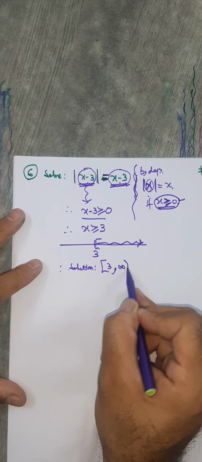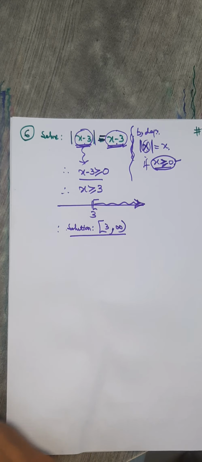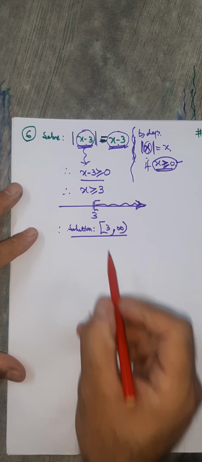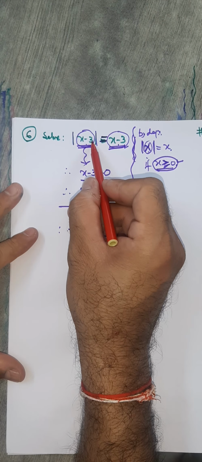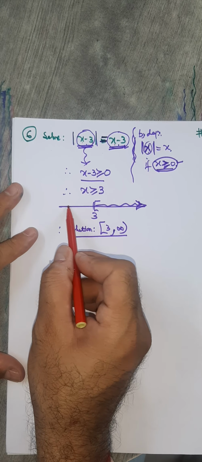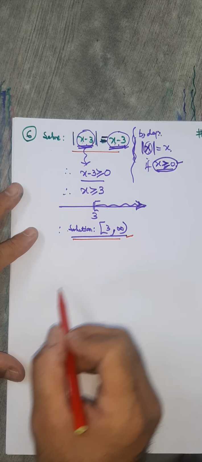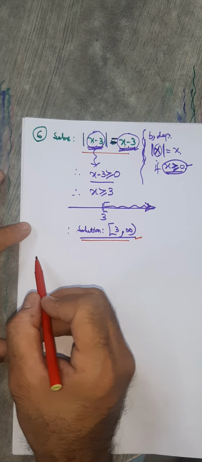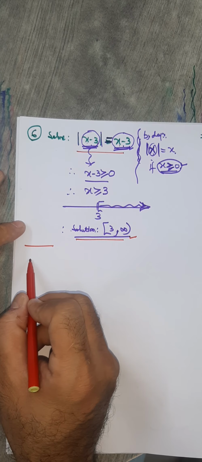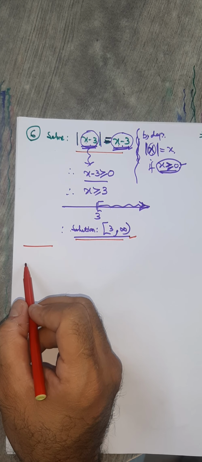You pick any number from this portion, you will see that it satisfies the given equation. You take 4 minus 3, 1, here also 1. But if you take any number from this portion, this will not be equal. Therefore, this is the solution. Now, here are some questions which are not based on modulus, like this.